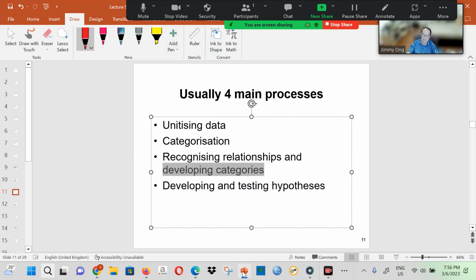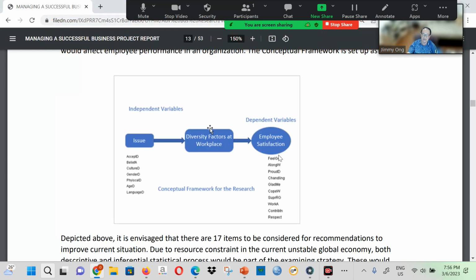So what is a relationship? Any of this can be related to the job satisfaction, correct? The culture can also be related to job satisfaction, right? Even the age, right? You're going to find out whether the old people are less satisfied in the working place or not. You can find out from here. This is the relationship with age and job satisfaction.